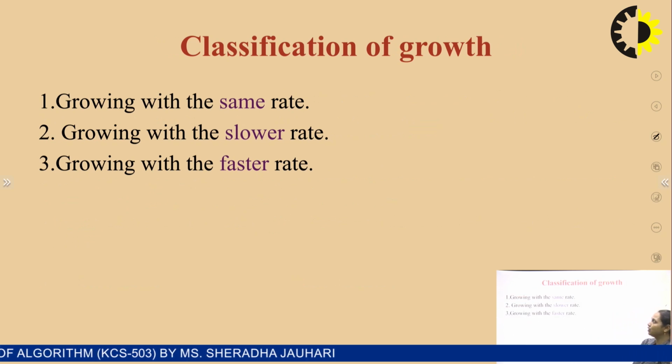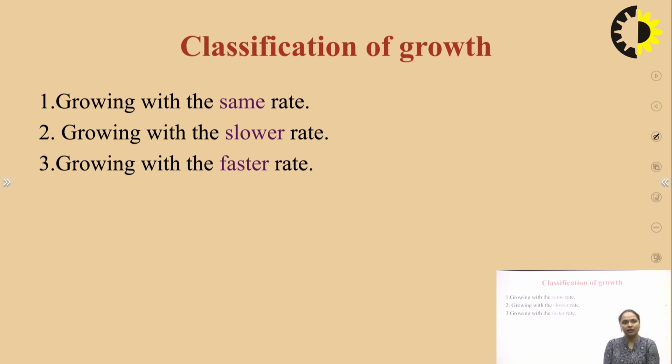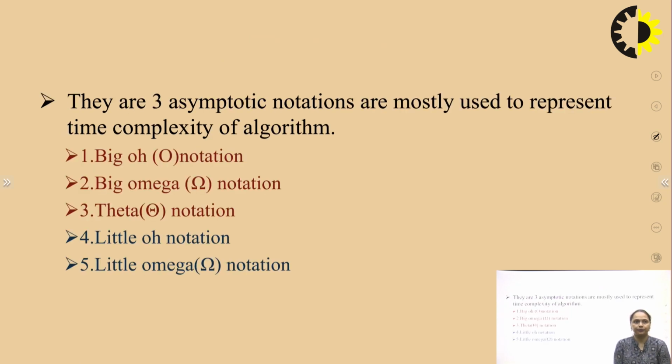Now classification of growth means whatever asymptotic notations we are using, the function will grow with the same rate, a slower rate, or a faster rate. So these are the three categories on the basis of growth rate: same, slow, or fast.